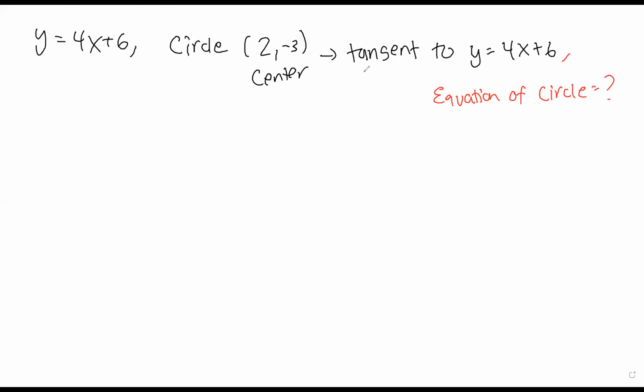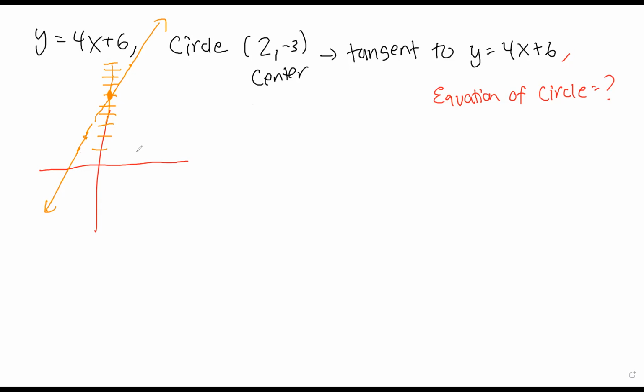Okay, so in order to do that, what do we need to do? Well, we can draw a rough sketch to help us out. So 4x plus 6 looks something like this. There's 6 on the y-intercept, and then we go up 4 and across 1, down 4, across 1. So it should look something like this, y equals 4x plus 6.